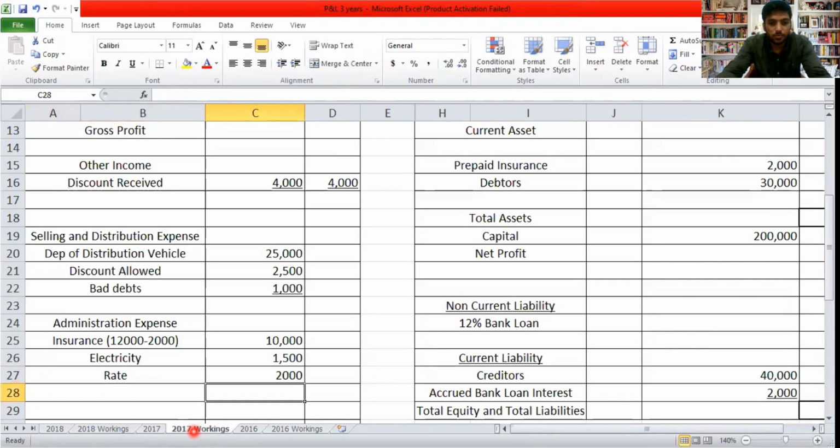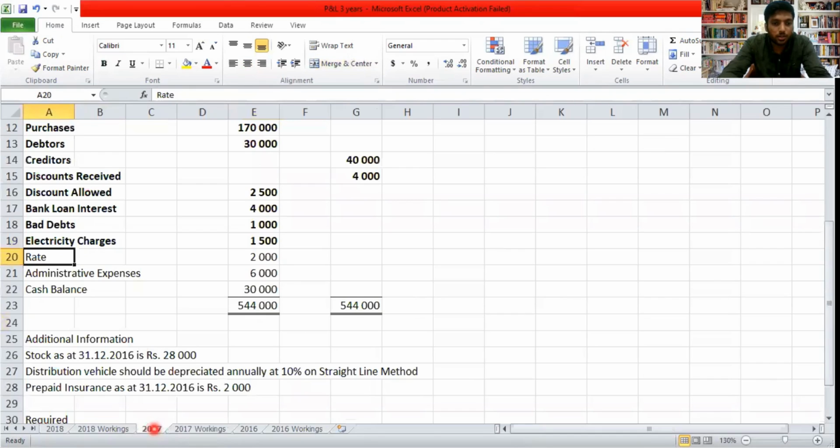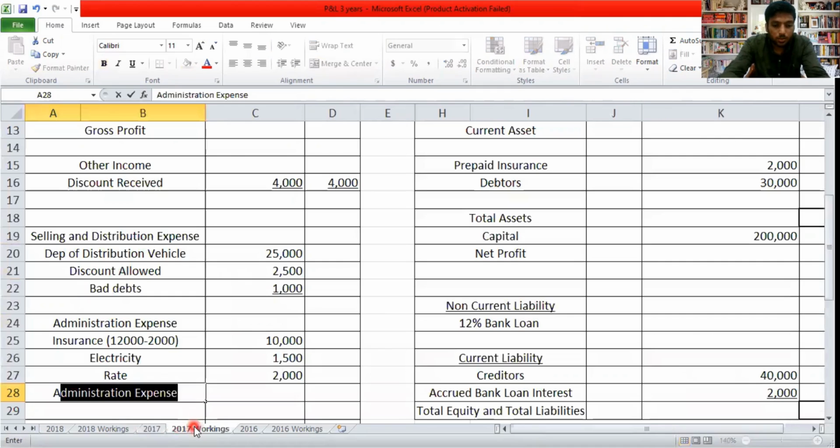Yeah, 2,000. Then I have administrative expenses 6,000. I'm going to record that also. It's better if you can write administrative expenses. Administrative expense 6,000. Then we are done with that also.